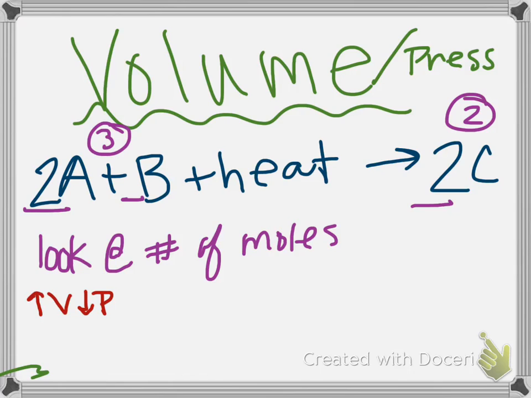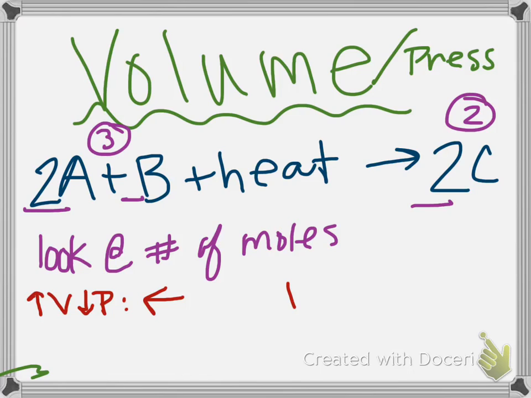Now think about a container, and if I have 3 moles on one side, 2 moles on the other, the side with 3 moles is going to have a lot more pressure. So if the natural change that I made is to decrease the pressure, I need to move to the side that is going to naturally increase it, which will be moving towards the reactant side because there's more moles.